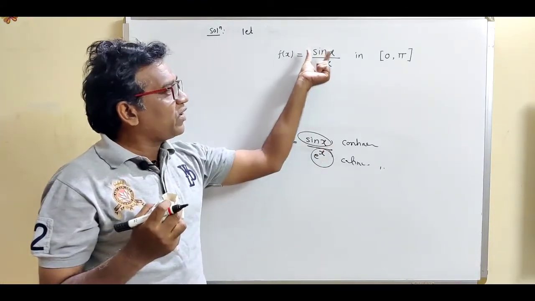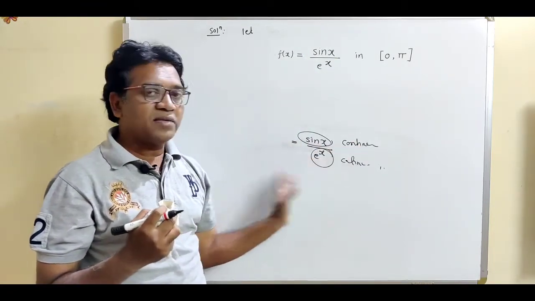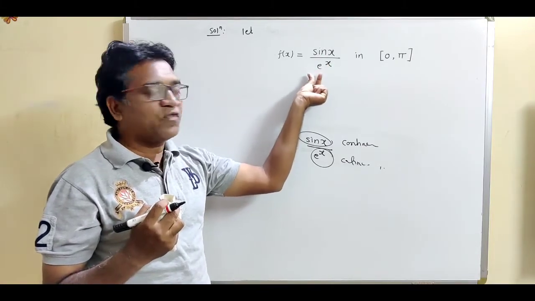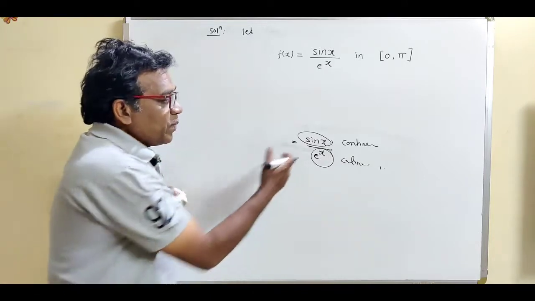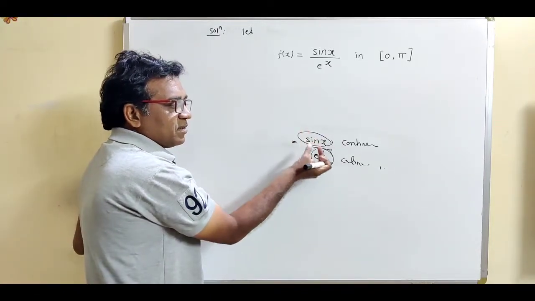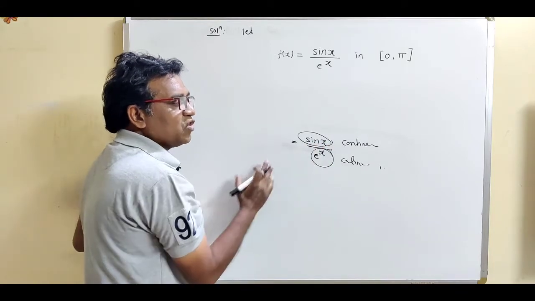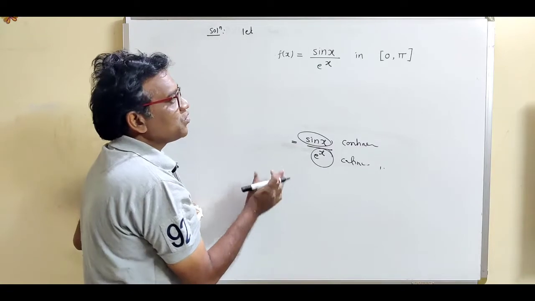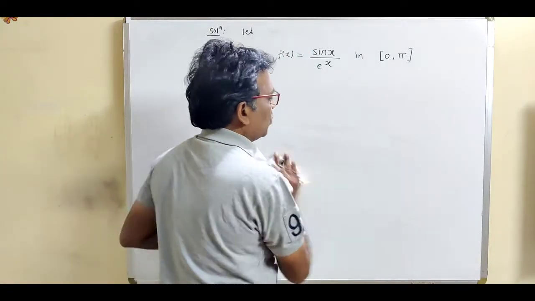The denominator contains an exponential function that is again continuous in the real line. So the numerator contains a continuous function, the denominator contains a continuous function, and the division of continuous functions is again continuous. So we can say that f(x) is continuous in the closed interval.